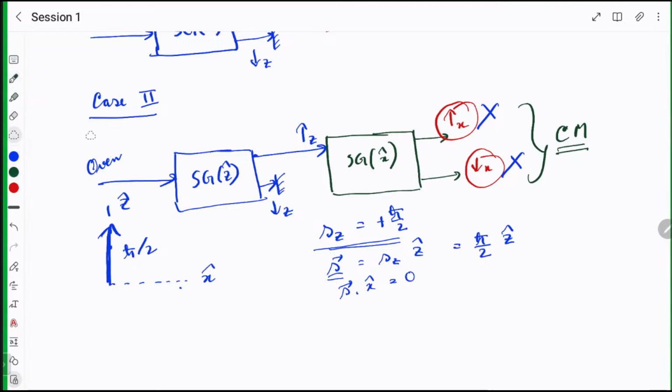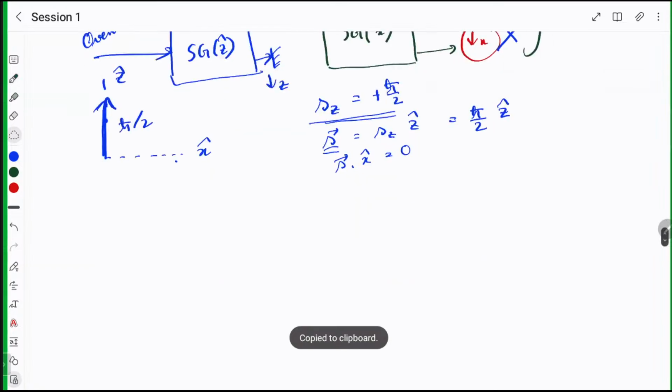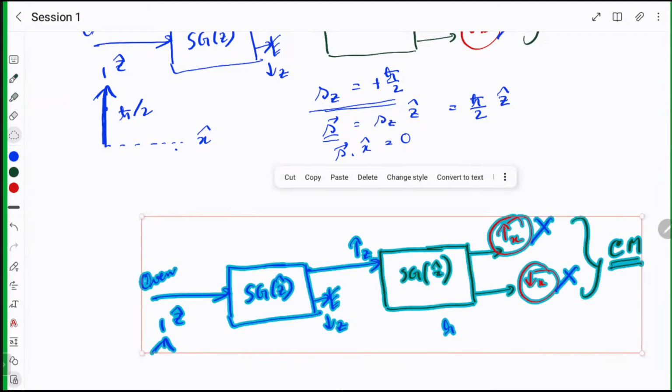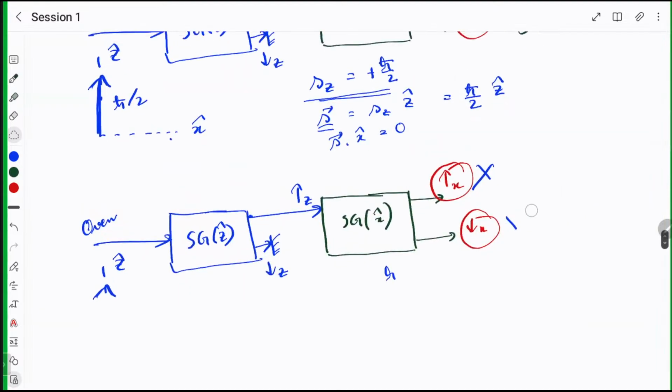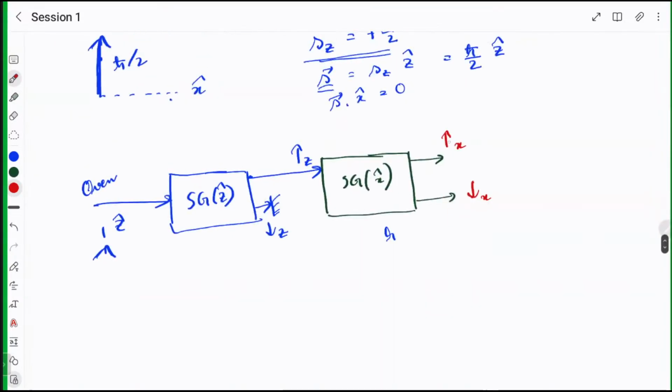But in reality, what we see is something different. What we see is that, as he had pointed out before, they are equally probable, in the sense we saw both the spots in the apparatus, both up x and down x came out of the apparatus.